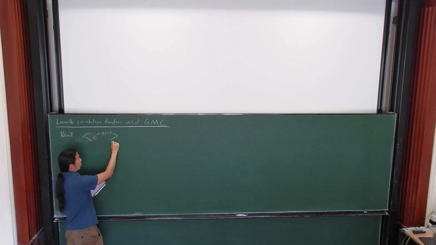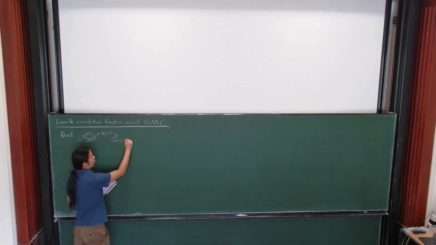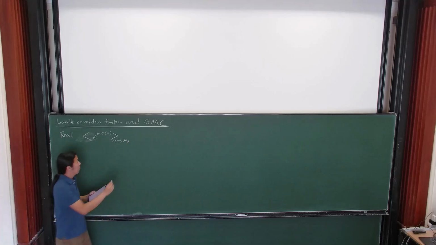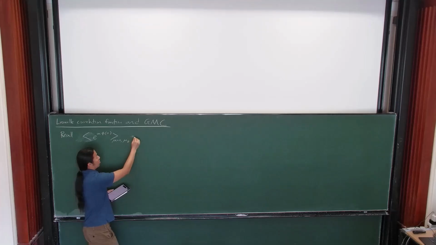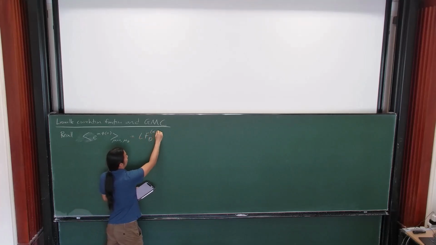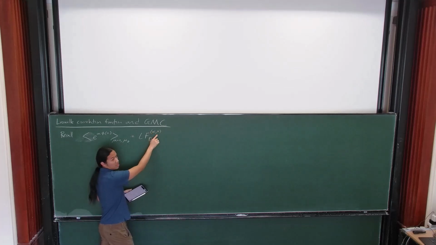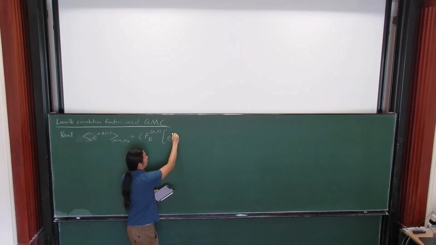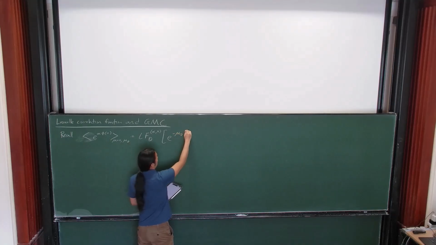We have a bulk cosmological constant, which I'm going to set to 0, and a boundary cosmological constant. And this is going to be defined to be the Liouville field expectation where you've got an insertion of size alpha at the point 0. You're going to take the average value of this quantity.